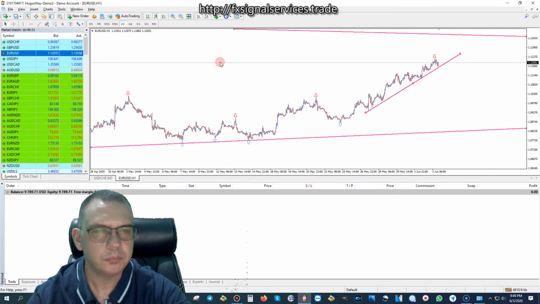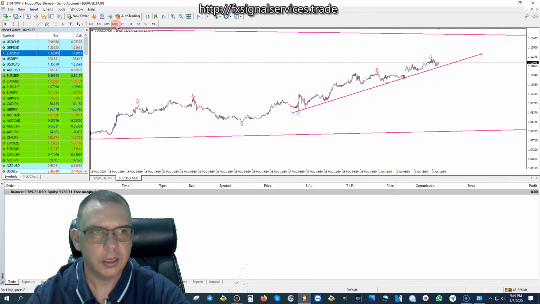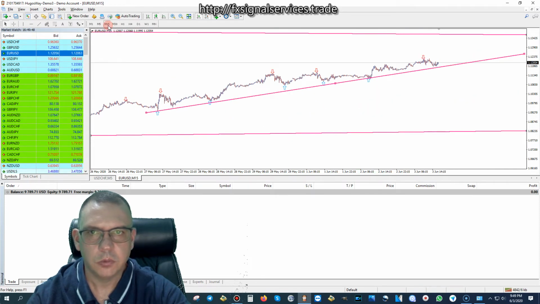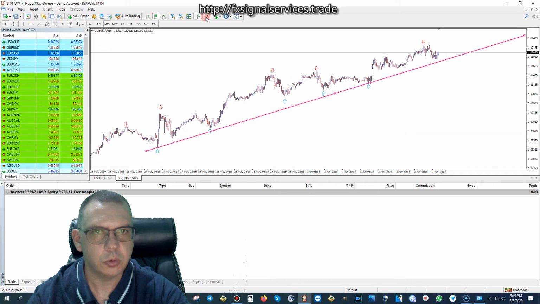It's not a problem, but let's drop down to the smaller time frames and see if we can get anything else in our minds here. Okay, so on the 30-minute chart, we still see that same support line. We drop down to a 15-minute, we still see basically the same support line.